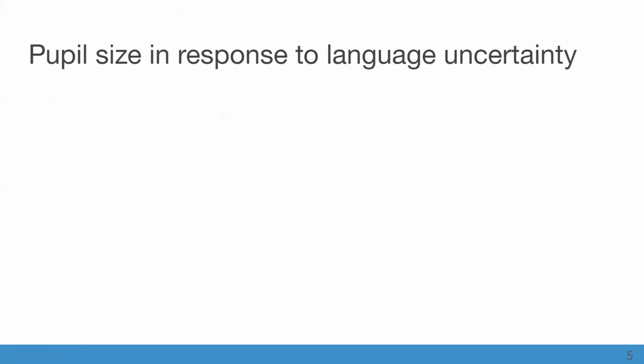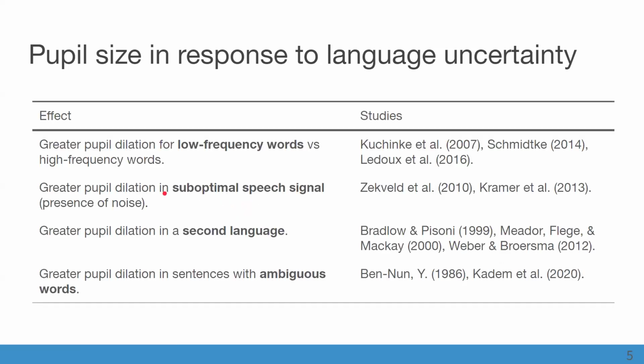One way to study word processing, and the effects of factors in word facilitation or difficulties, is to use a tool that by now you already know, which is pupillometry, the measure of pupil size. In particular, there have been several studies relating pupil size to language effort, language uncertainty, difficulties, etc. I'm going to show you some of them here.